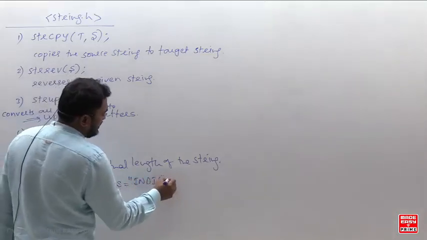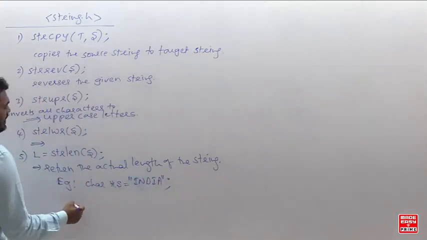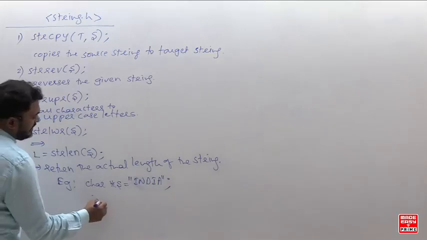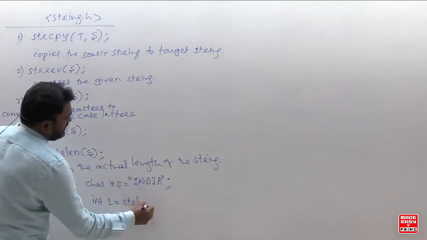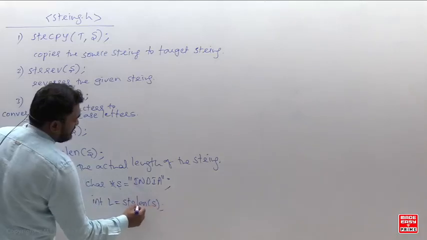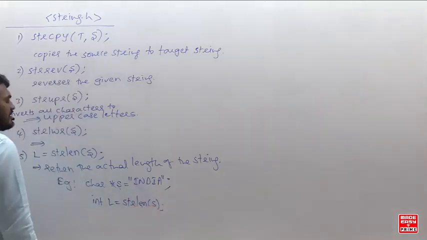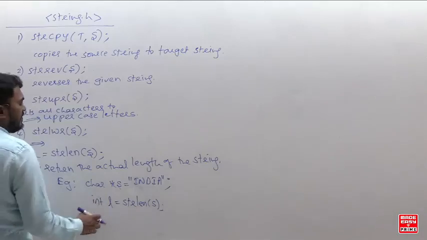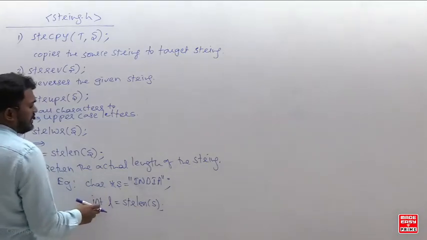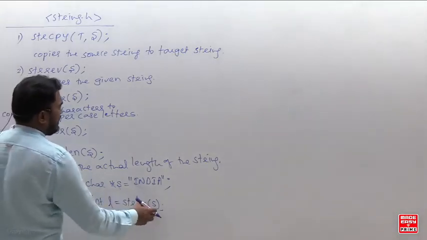So let's say you are having a string like this. I want to find out the length. Let's say int L equal to strlen of s. So this is how you call the function, right? Int length equal to strlen of s.